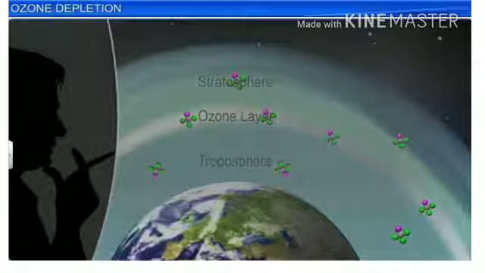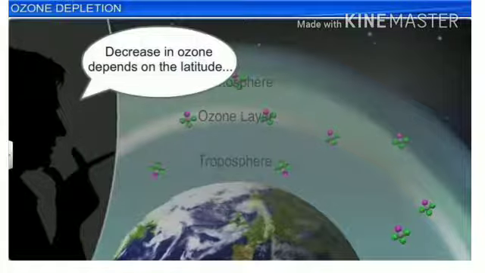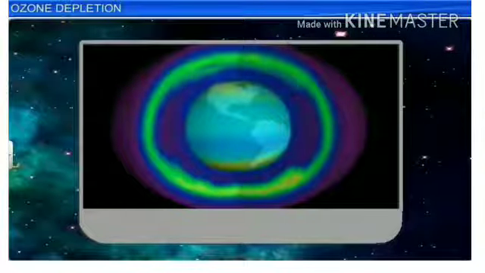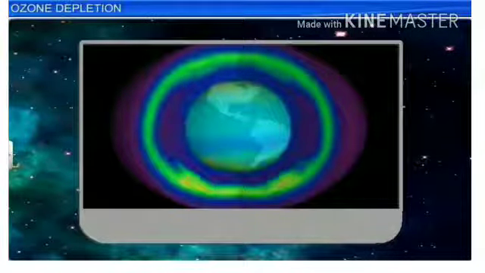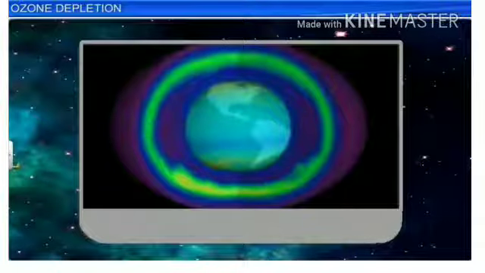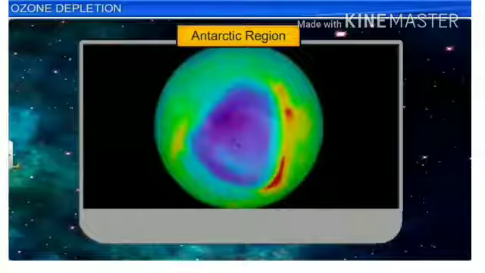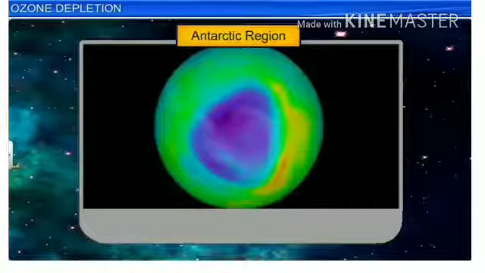Scientists discovered that the decrease of ozone in the upper atmosphere depends on latitude. Studies have shown that the decrease in ozone is strongest in regions over the South Pole, that is, the Antarctic region. This thinned ozone layer is called an ozone hole.